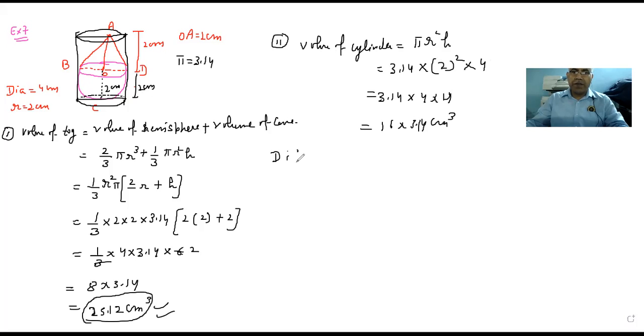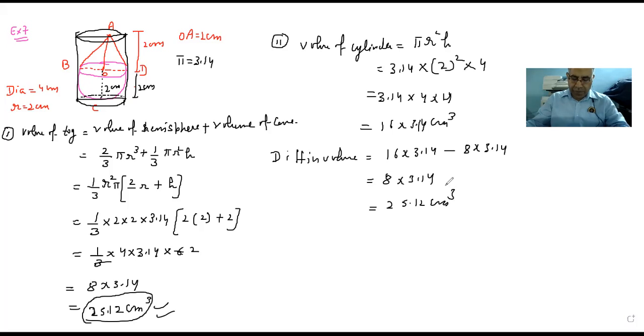Now difference in volume: 16 into 3.14 minus 8 into 3.14. So this is 8 into 3.14, which is 25.12 centimeter cube.